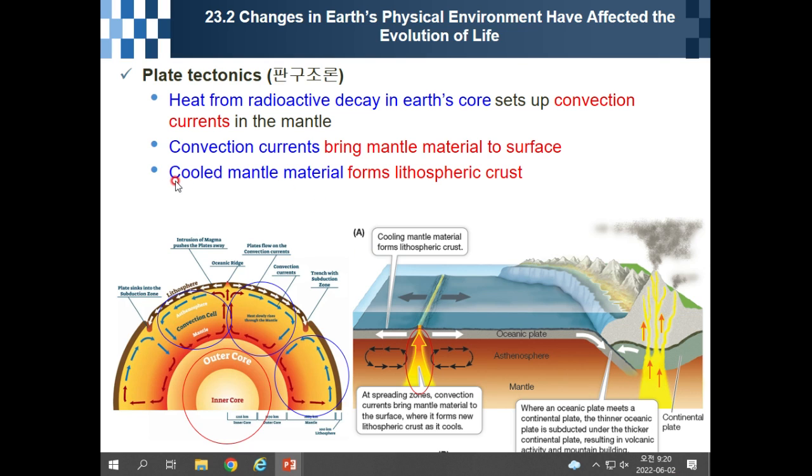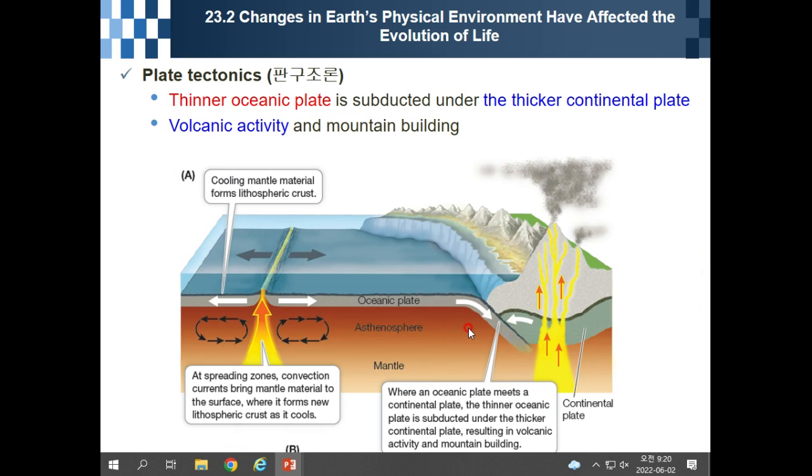The cooled mantle forms the lithospheric crust. In this case, it makes the oceanic plate, like this. This oceanic plate is very thin.